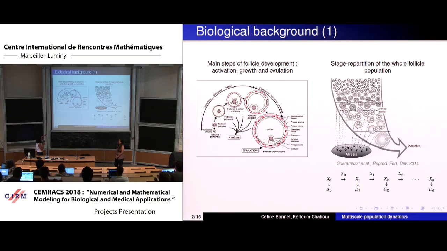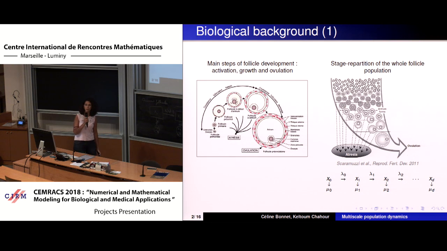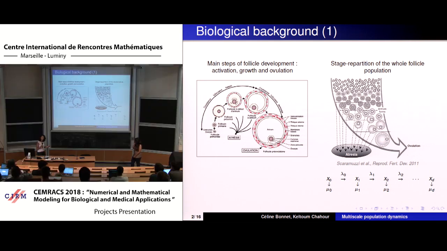During the development stages, we should know that at a given time in the ovary we have the coexistence of several follicles belonging to several development stages at the same time. That allows us to classify those follicles by their size into different compartments. And so we can follow the number, the density of follicles in the population.